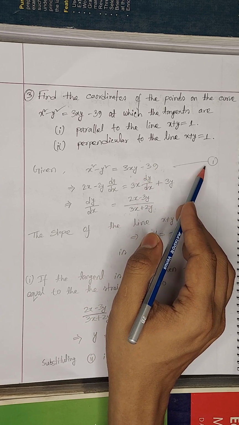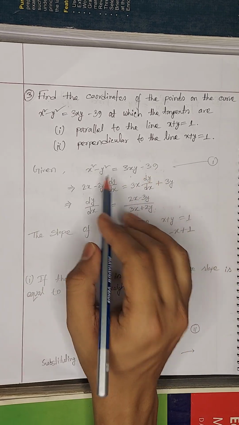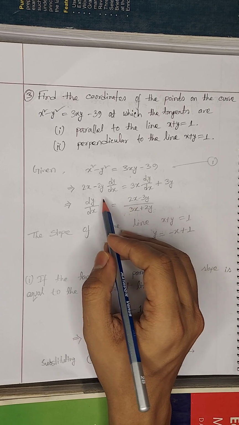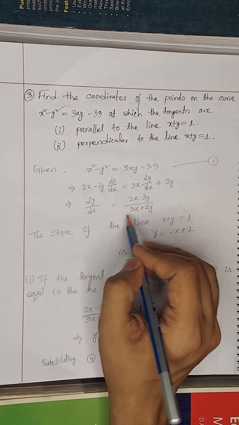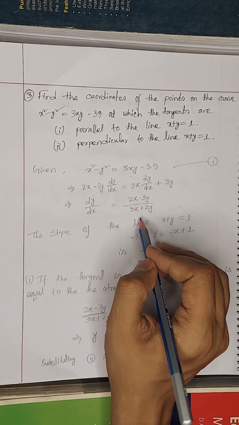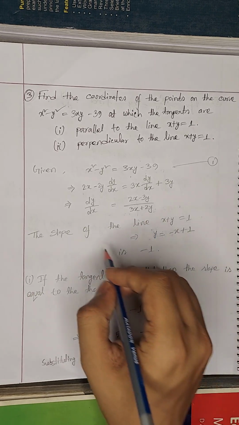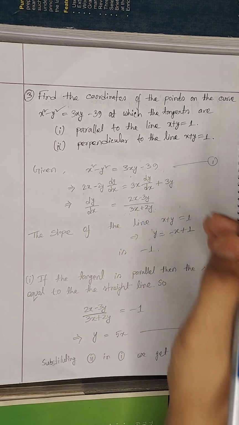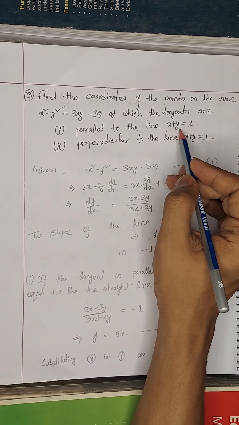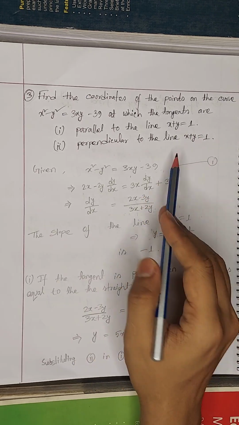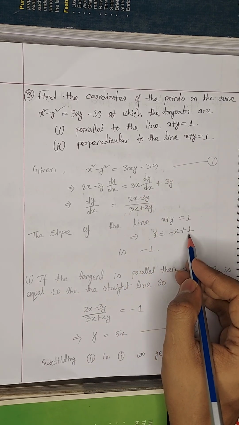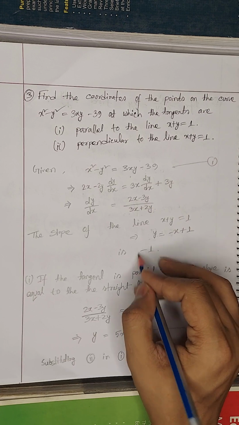We name it equation 1, then we differentiate both sides. After that we get dy by dx. The value of dy by dx is 2x minus 3y divided by 3x plus 2y, and our given line is x plus y is equal to 1. From that we get y is equal to minus x plus 1, and the slope of this line will be minus 1.